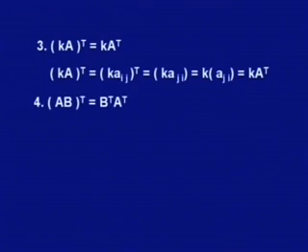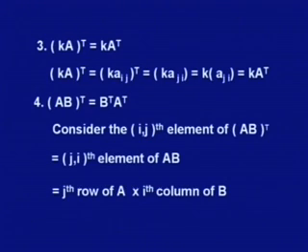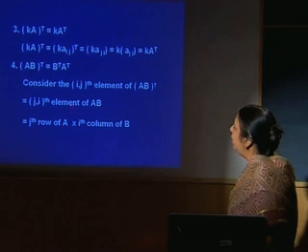Next is (AB) transpose, that is, multiply the two matrices A and B and then take the transpose, is the same as you take the transpose of B and then multiply it by A transpose. I consider the ijth element of (AB) transpose. Basically (AB) transpose is nothing but the jith element of AB.